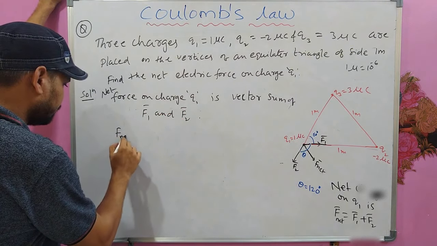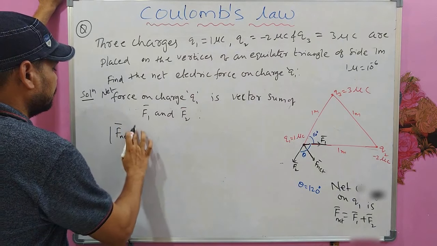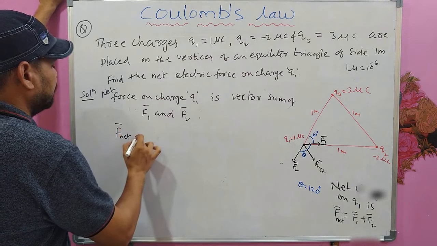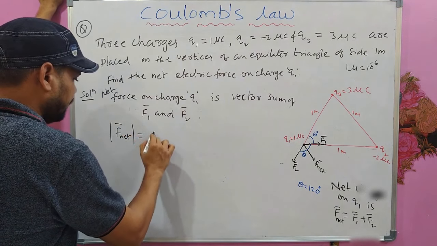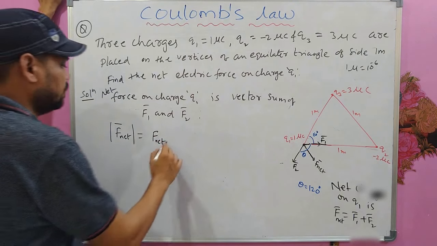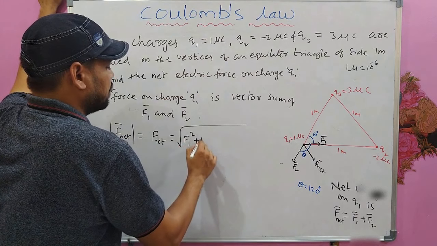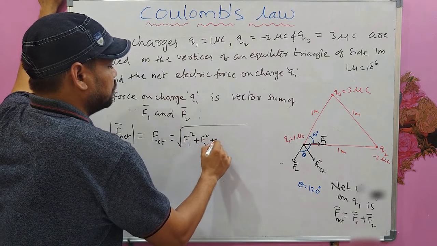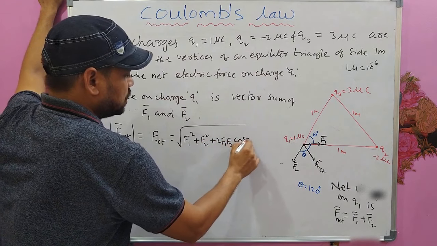F net, let me write the magnitude first. Let me take it as some F net, which would be the square root of F1 square plus F2 square plus 2 F1 F2 cos theta.